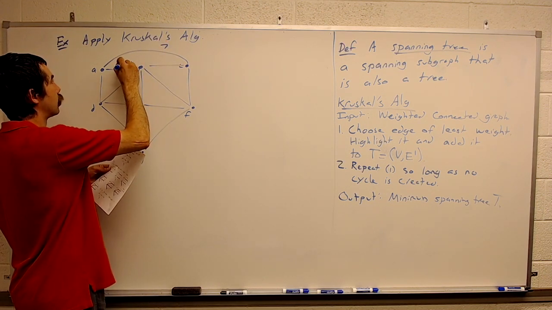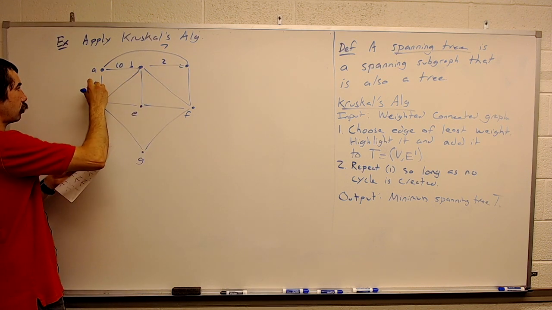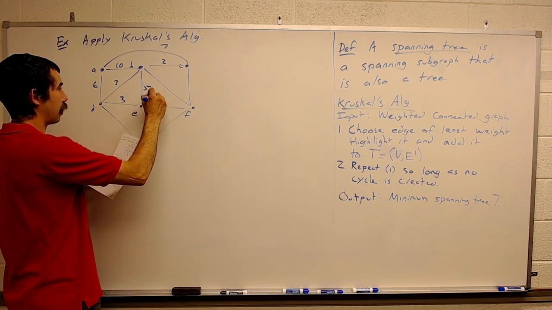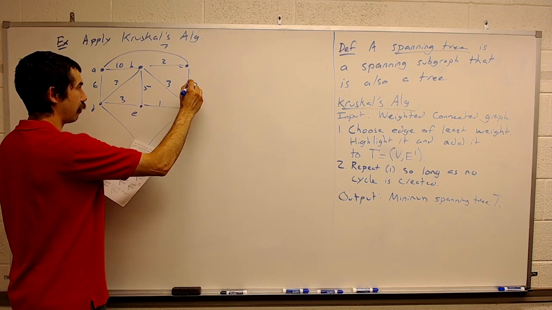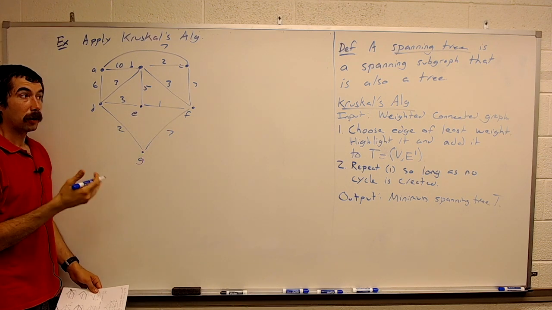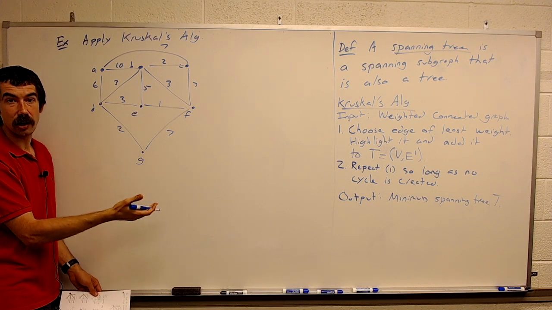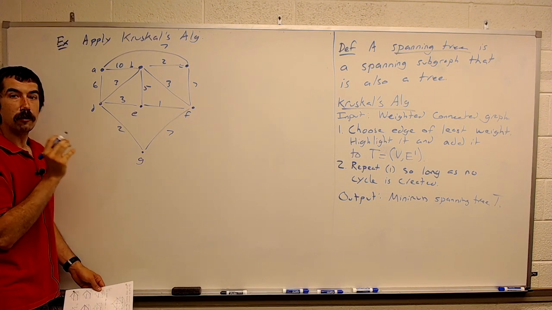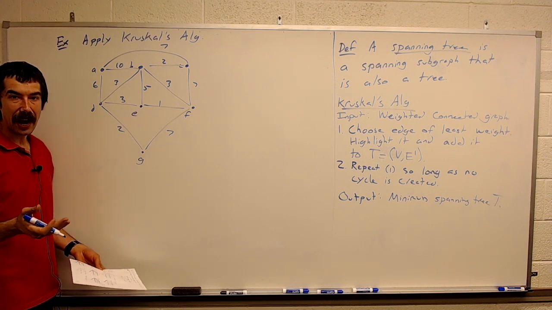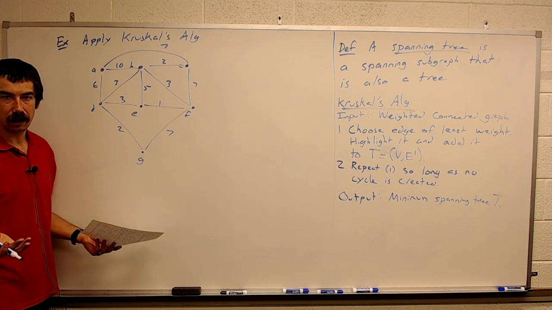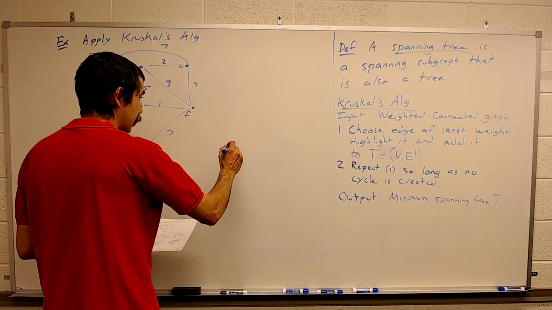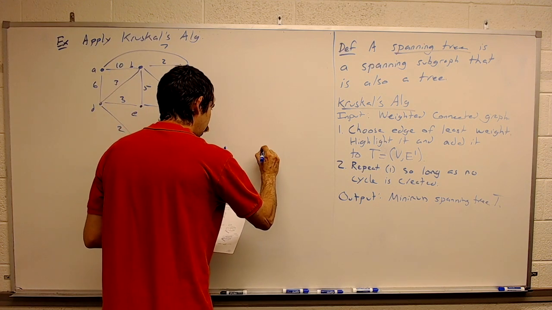So 7, 10, 2, 6, 3, 3, 5, 1, 3, and 7, 2, and 7. Okay, so I encourage you to pause the video and try to solve this on your own. You might not get the exact same tree that I get, but as long as the weights match, you did it correctly. Okay, so let's go through and create our tree.